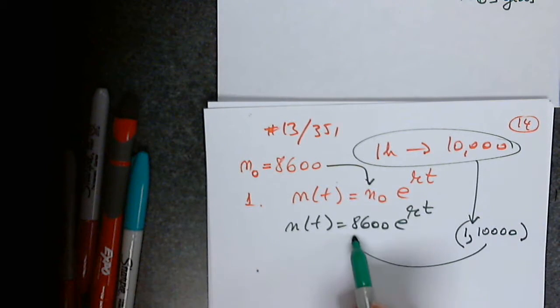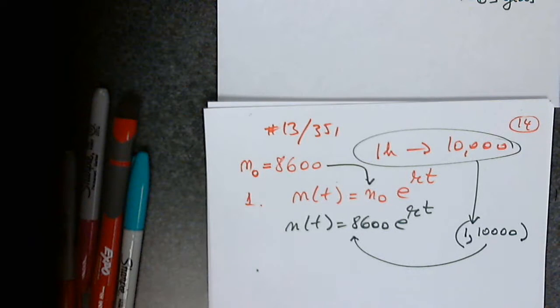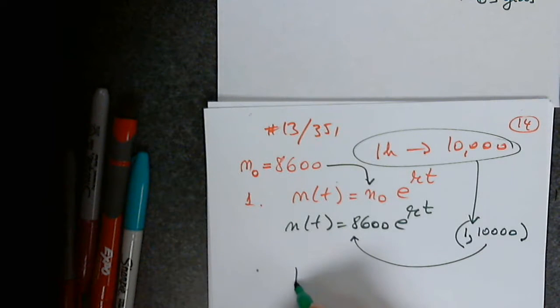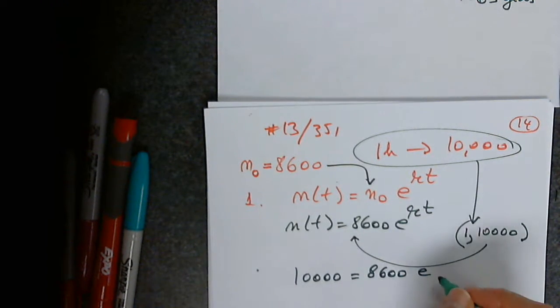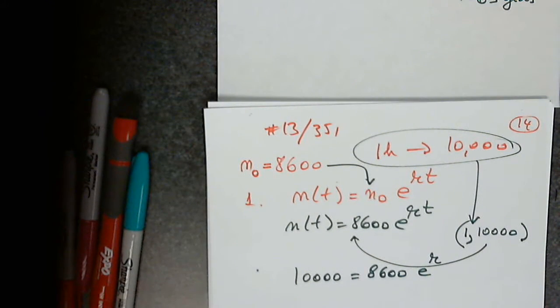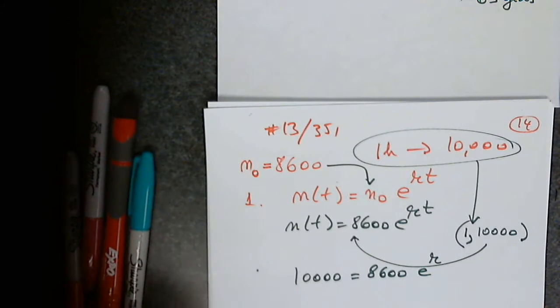How do I put this point in the equation that I have? Yes, exactly: 8,600 times e raised to r times 1, because t is 1. Very good. We know how to solve this.